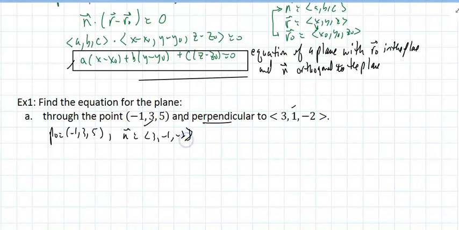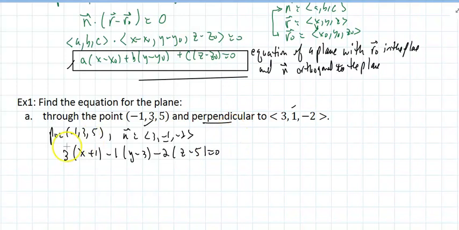It is as simple as me saying, well, no big deal. a into x minus x1 plus b times y minus 3, c times z minus 5 equals 0.